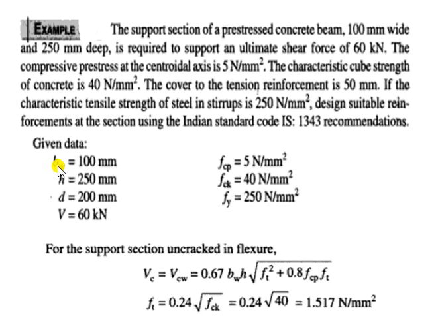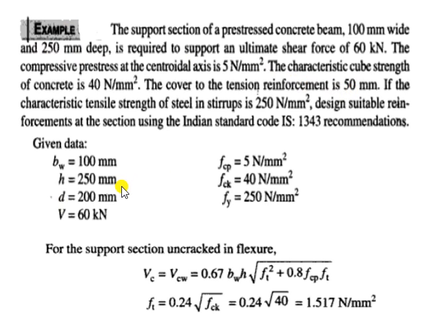So B or BW is 100 mm, H is the overall depth, 250 mm, and small d is the effective depth. Out of the 250 millimeter overall depth there is a cover of 50 millimeter.